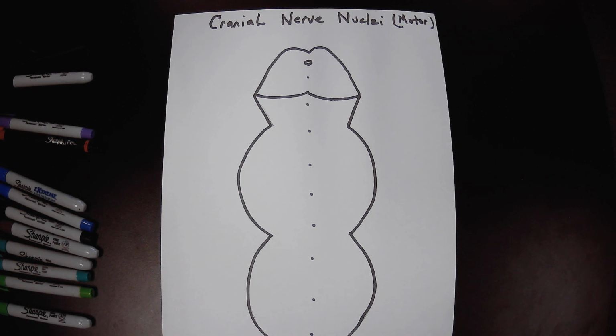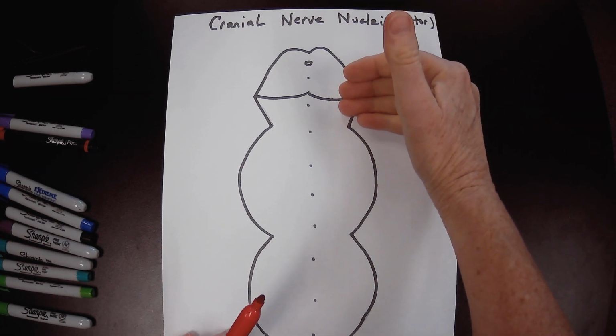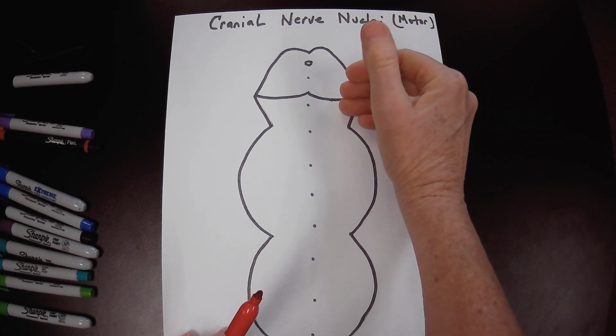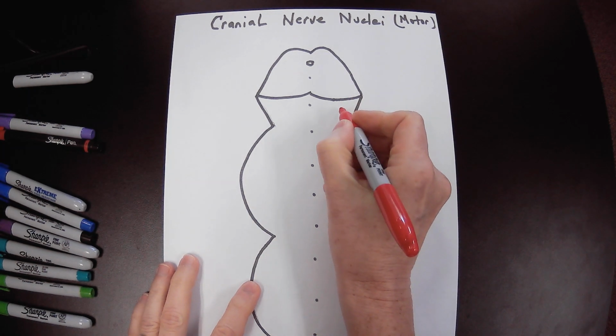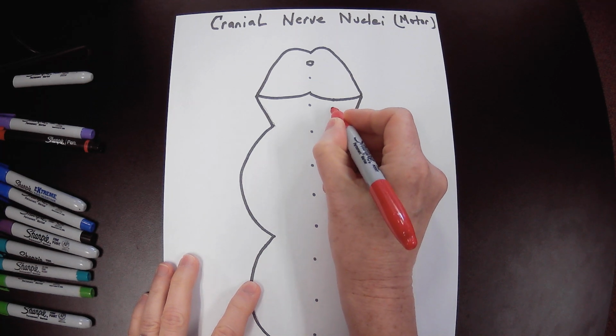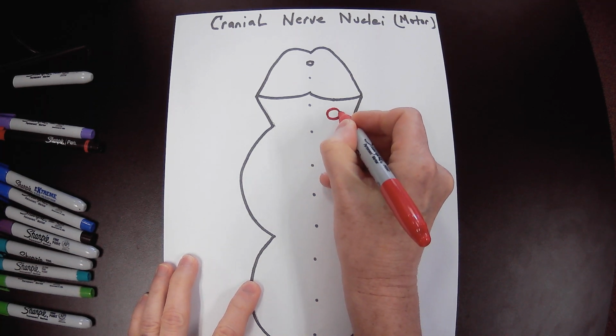So if I know 1 and 2 are up here, then I'm going to move down at the level of the superior colliculus. We have the 3rd cranial nerve. Here's the nucleus that it uses. This is the motor nucleus.